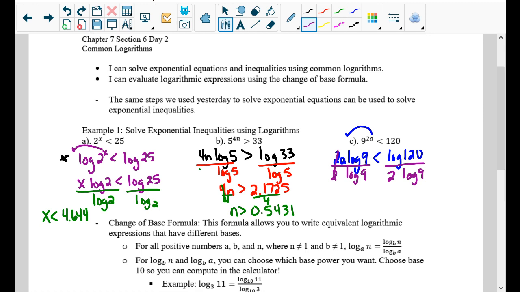So the 2's cancel, the log 9's cancel, leaving me with just a less than 1.0894. So we're inserting those logs so we can pull that exponent to the front, and then we can divide on both sides.